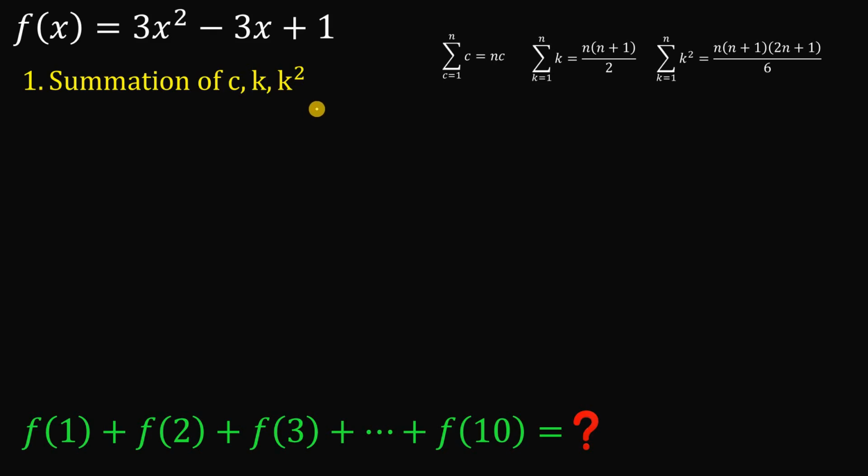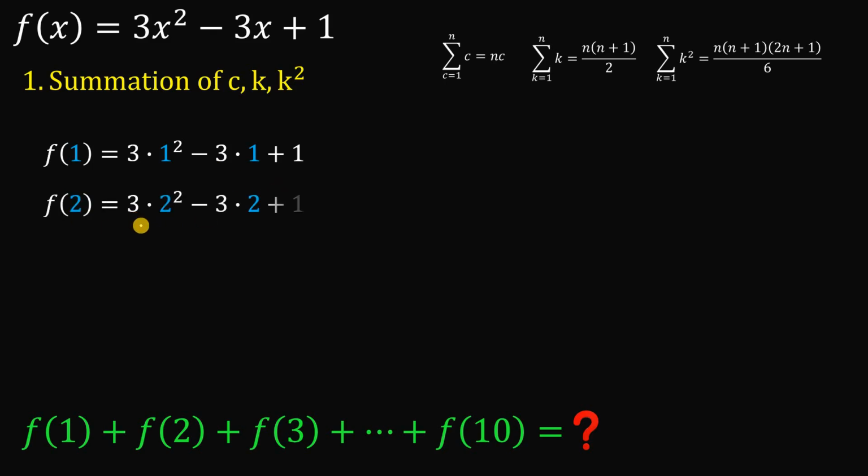First, what we're going to do is plug in x equals 1. So, let's replace all of this x with 1. So, f of 1 equals 3 times 1 squared minus 3 times 1 plus 1. And now, let's continue. Replace all of this x with 2. So, we have f of 2 equals 3 times 2 squared minus 3 times 2 plus 1. Replace all of this x with 3.